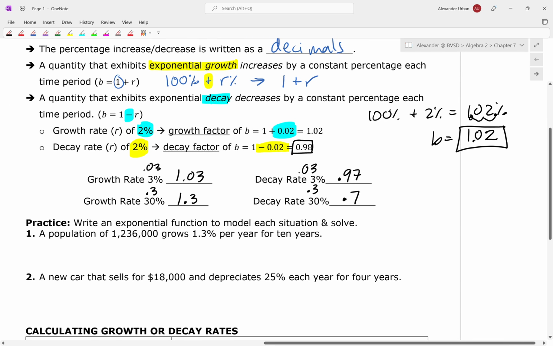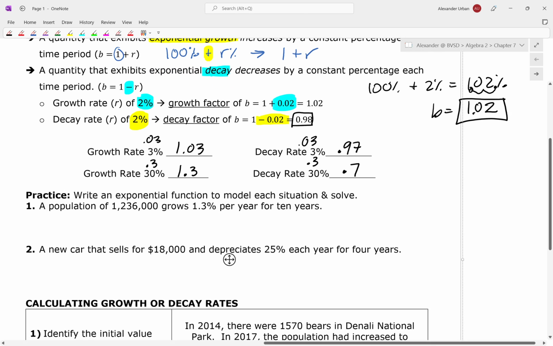So now, looking at the following problems, we're going to talk about writing exponential functions using growths and decays. On practice 1, we have a population, this is our a value, and it grows 1.3% each year. So we're going to change that immediately to a decimal, 0.013, and we're going to try to grow this for 10 years.